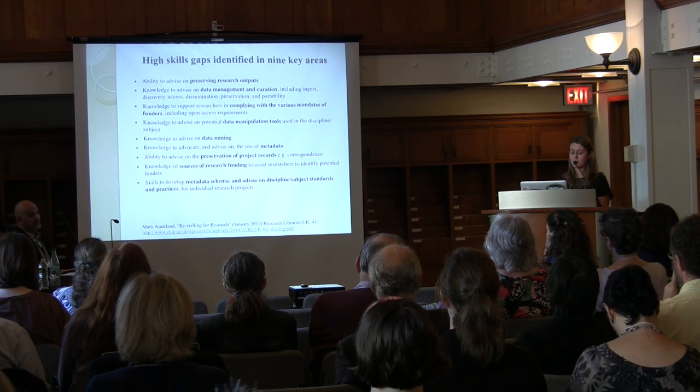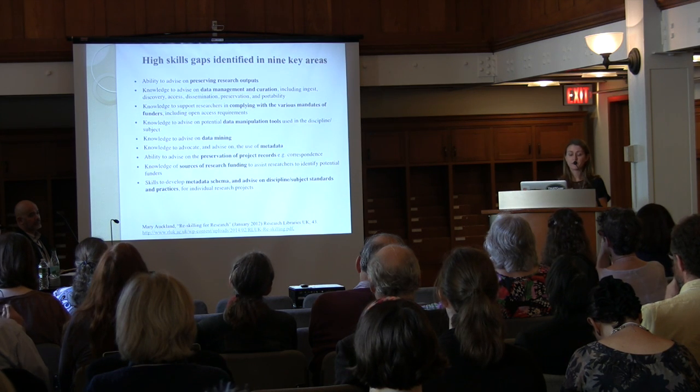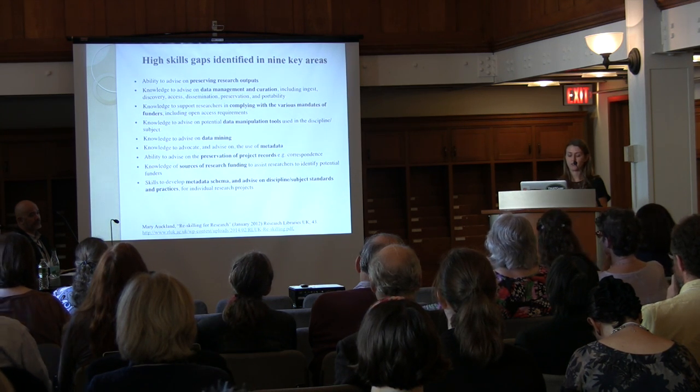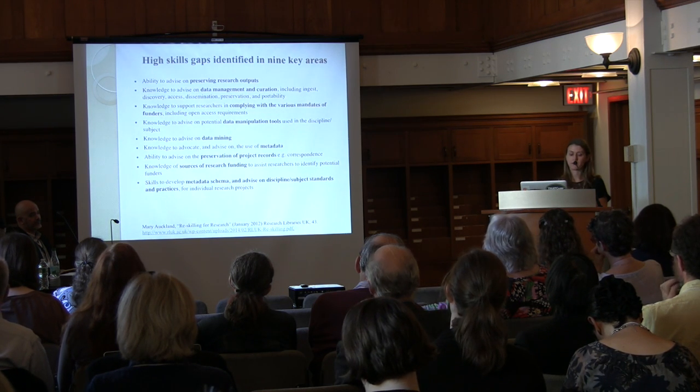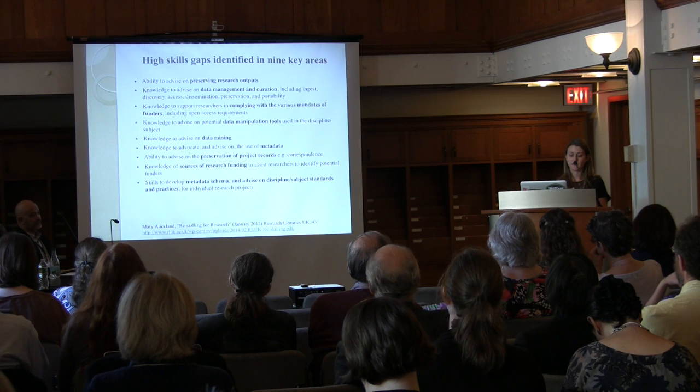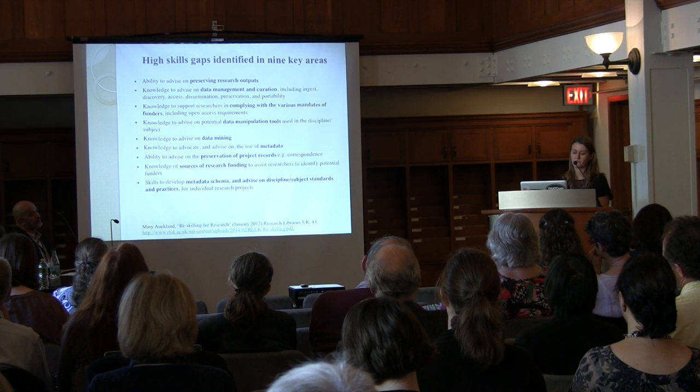In Reskilling for Research, Auckland gathered data from 23 international libraries in order to assess the information needs of researchers and to identify skill sets which are necessary for subject librarians, information specialists, and liaison staff to develop in order to ensure that they meet the needs of a changing research environment.